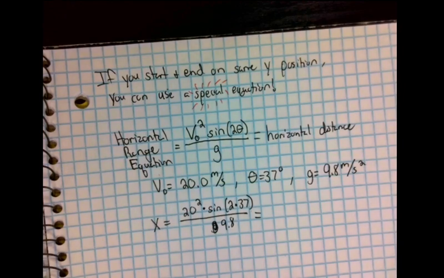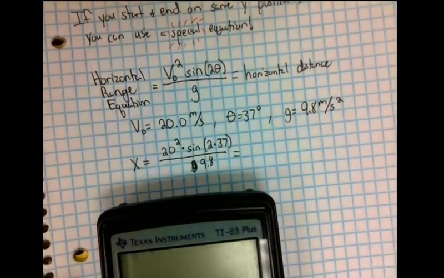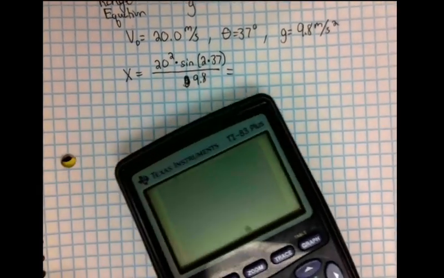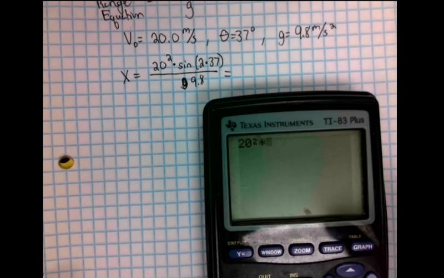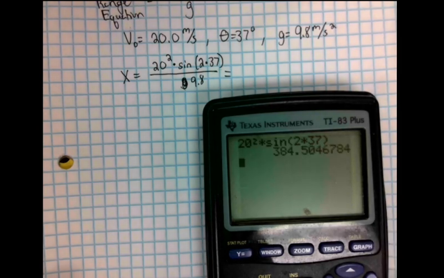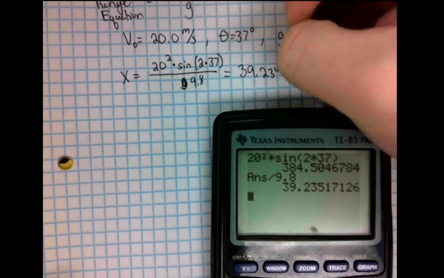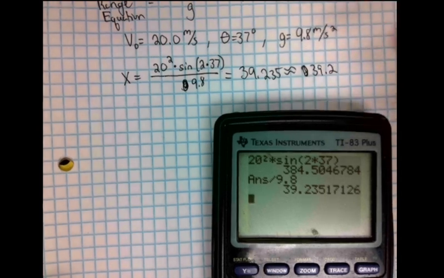And if we plug that into our calculator, I'll click on my camera to make sure you can see it. Good thing I did, because you wouldn't have been able to. We got 20 squared times sine 2 times 37 divided by 9.8. We get 39.235, or to 2 sig figs, 39.2.